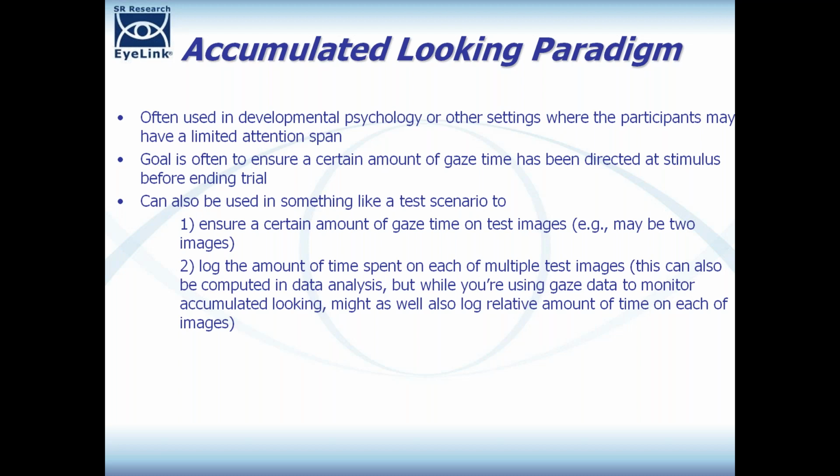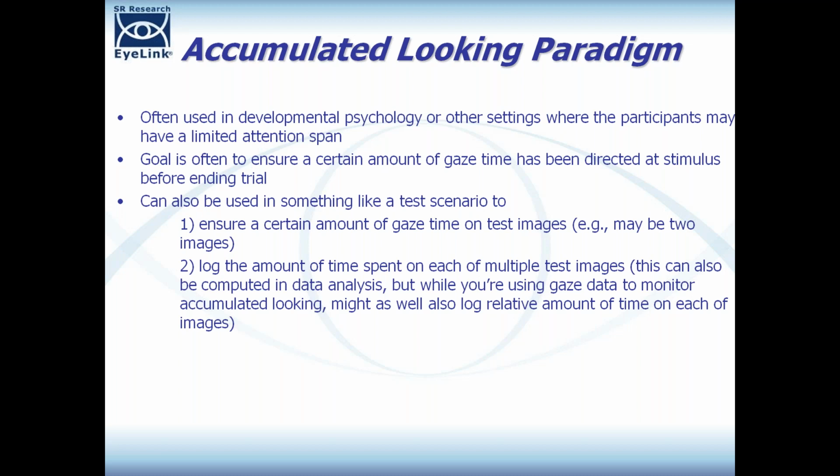But as we're going to discuss in this example, you can also use the accumulated looking in something like a test scenario, both to ensure that the amount of gaze time on the test images has met some criterion, and to log the amount of time that the participant has spent on each of these multiple test images.